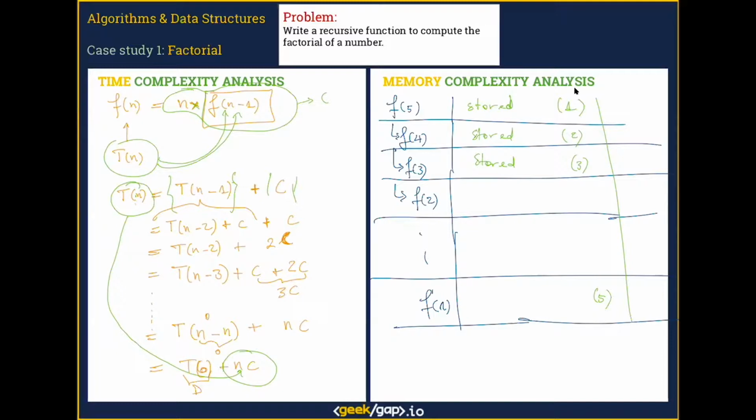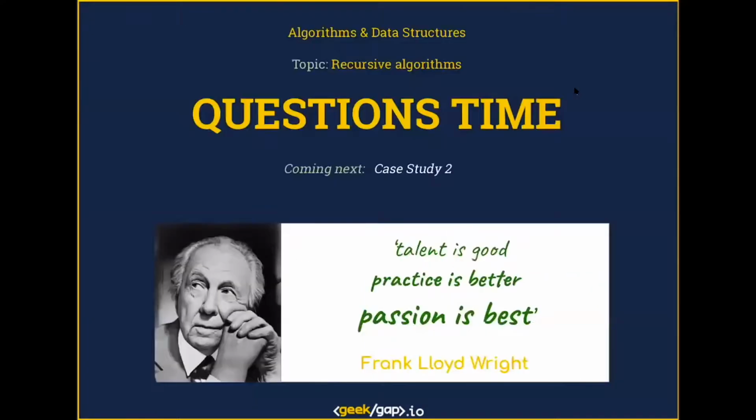We will see an instance of that, especially when we talk about binary search and tail recursion. Now, let's move to question time. I think you already asked your question, but if you have any more, feel free to ask.